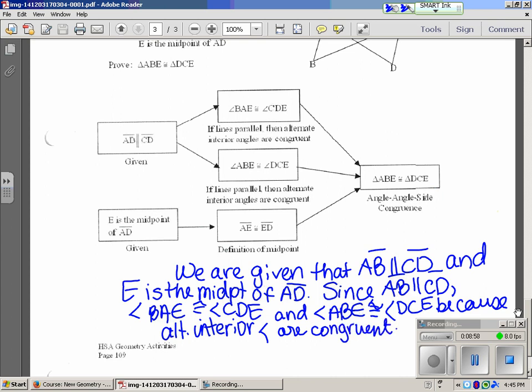And that's normal. Okay, then we could say, then we can have AE is congruent to ED by definition of midpoint.